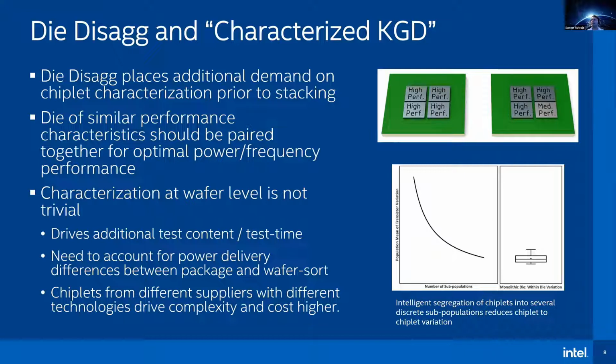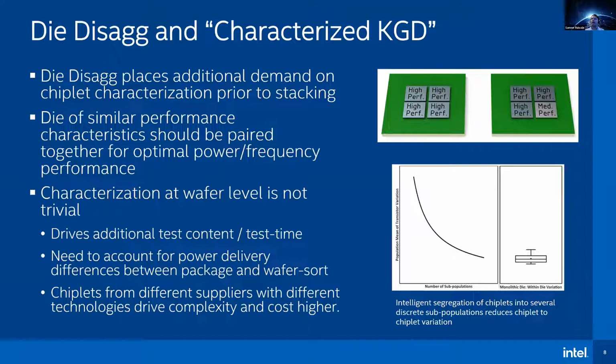And we typically would want to pair high performance die together. We might want to have a mix of high performance for some of the dielets and medium performance for some of the other dielets. It might depend on how the product is architected, but there needs to be an intelligent pairing of die, so that we can squeeze out optimal power and frequency performance.